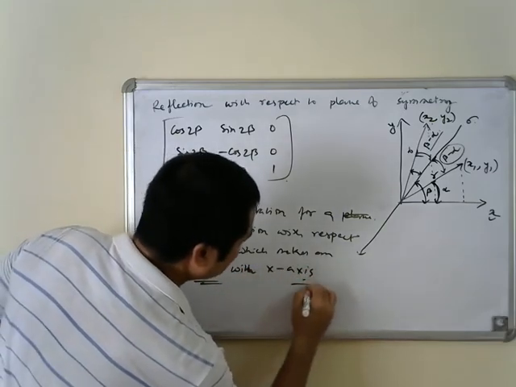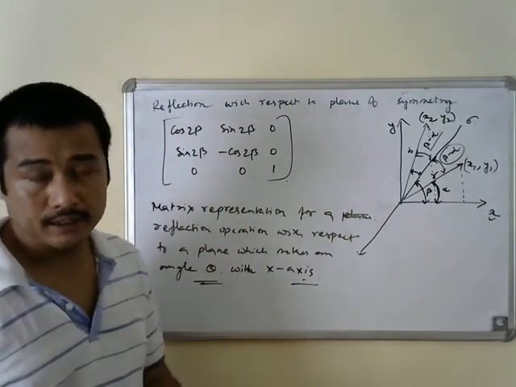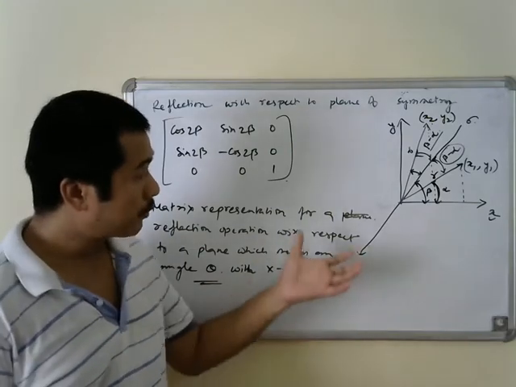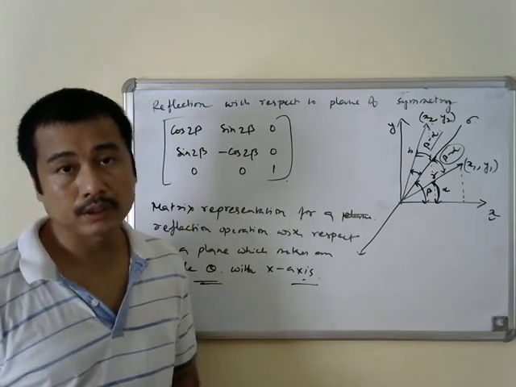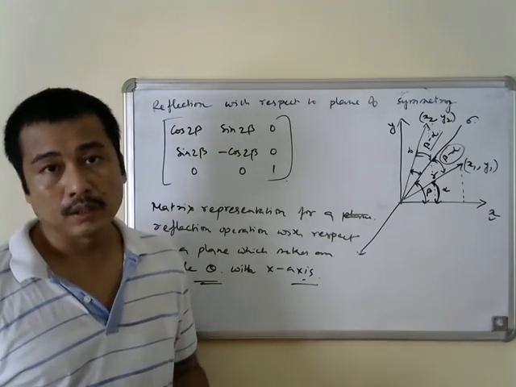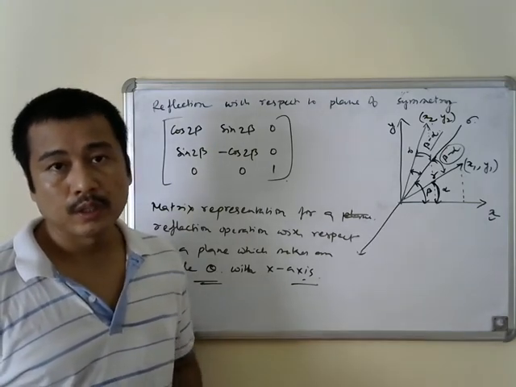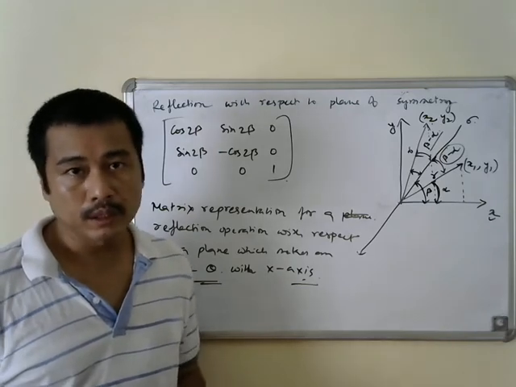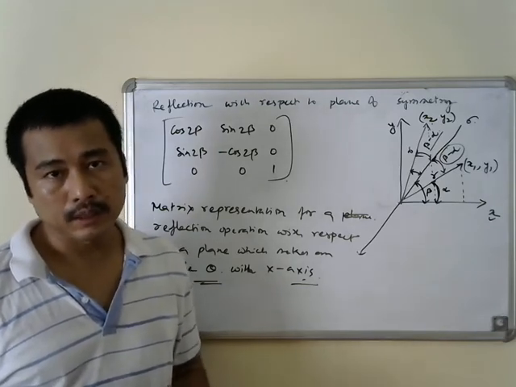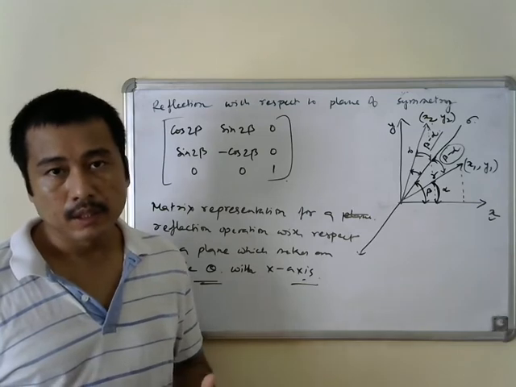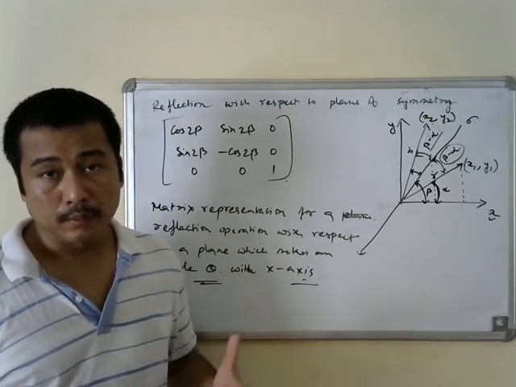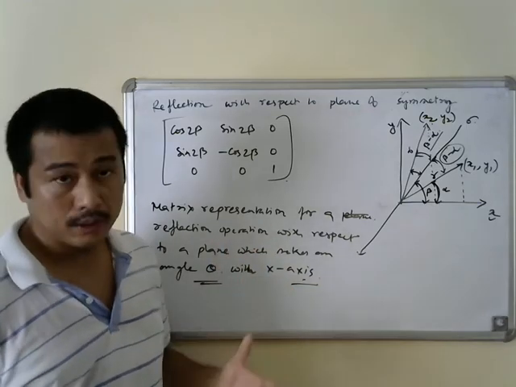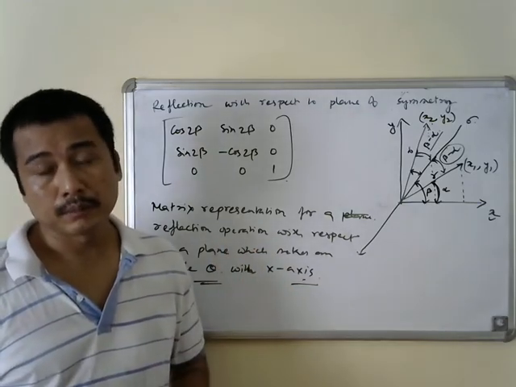So we can deduce the angle that the plane of symmetry makes with the x-axis, and accordingly we can derive the matrix representation for the particular reflection operation for a certain plane of symmetry. With this we will conclude this lecture. We have essentially seen how one can use matrix algebra in representing symmetry operations.